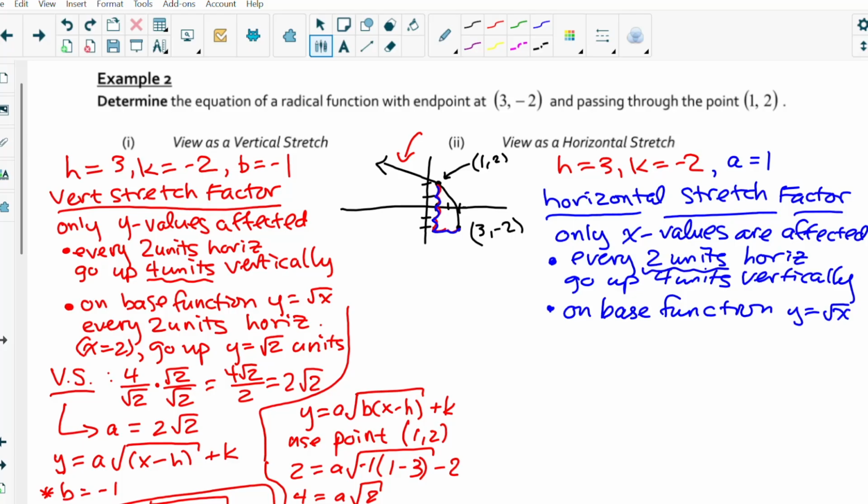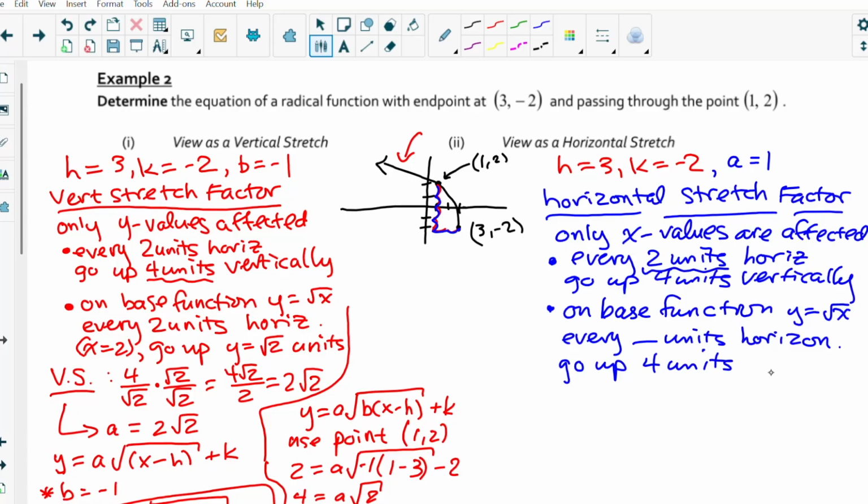So on base function y equals square root of x, every blank units horizontally go up 4 units.